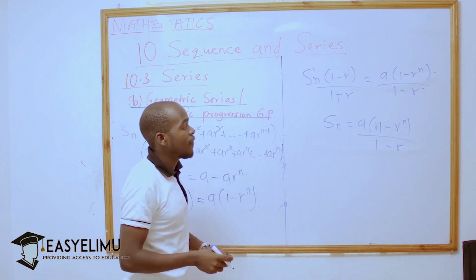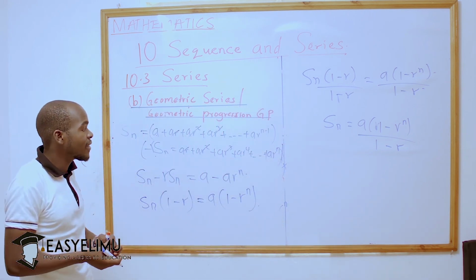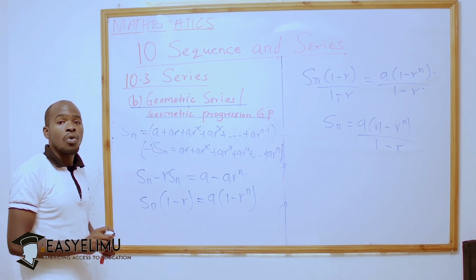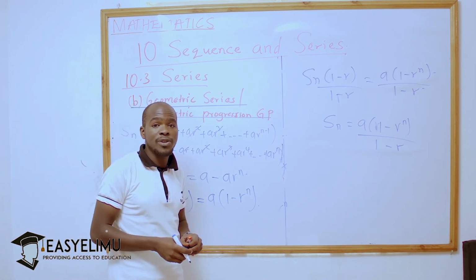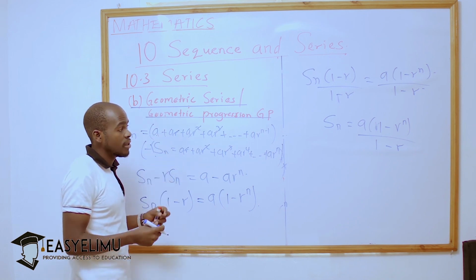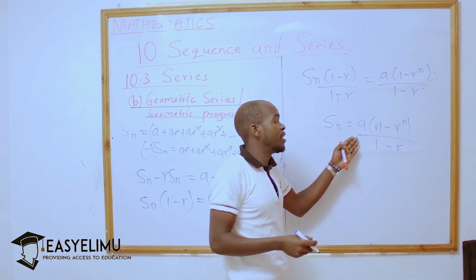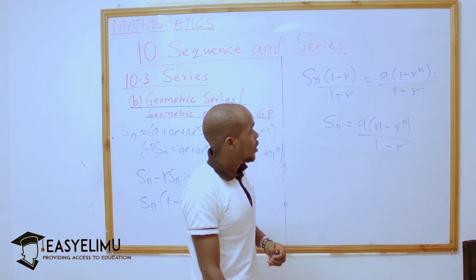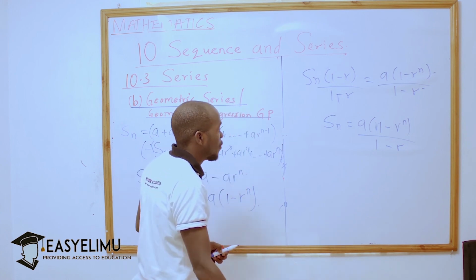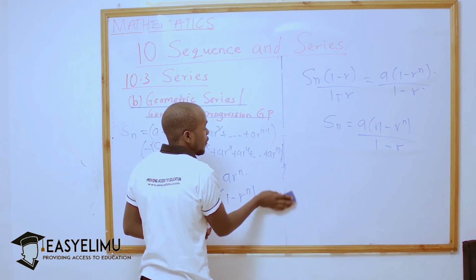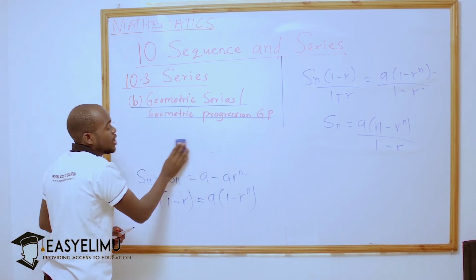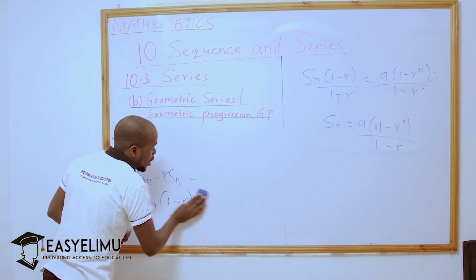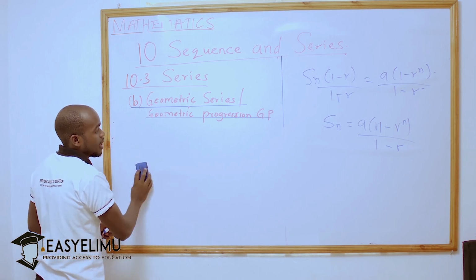So that's another formula we have found, in case you subtract what you multiplied by a common ratio R from the initial. So you find that you will have this kind of formula. We can realize that from the two subtractions, we are having two different kinds of formula.